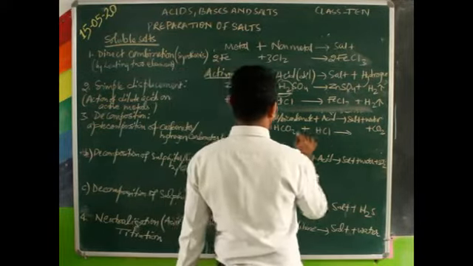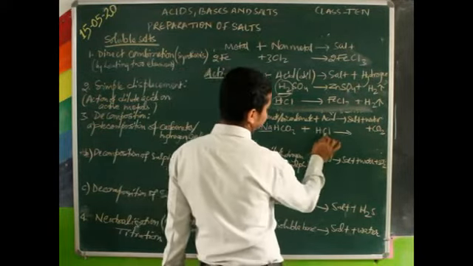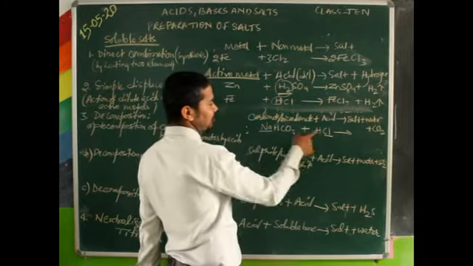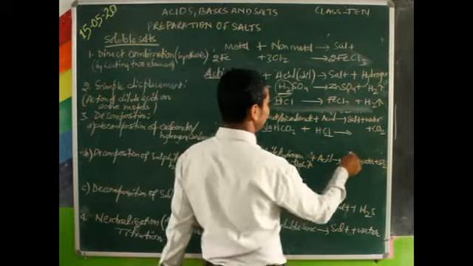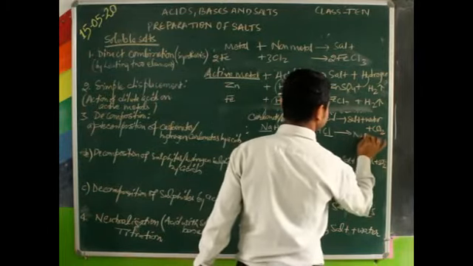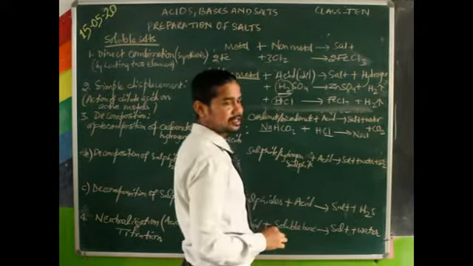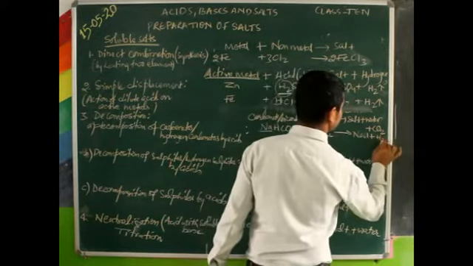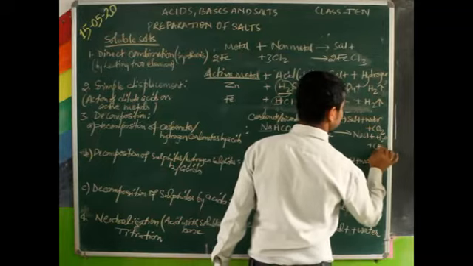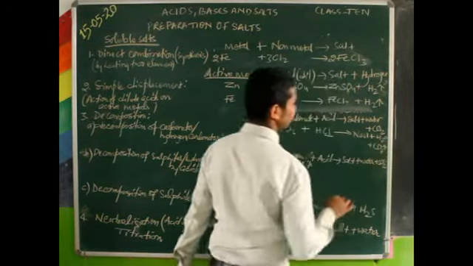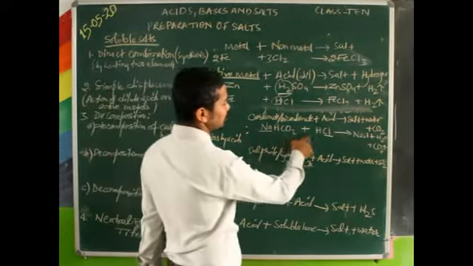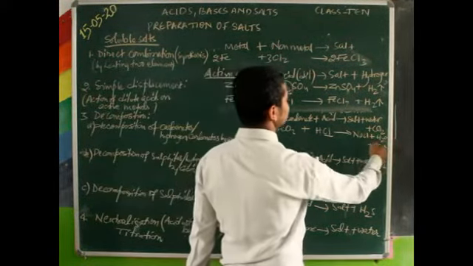Na will be displacing hydrogen, so I will get NaCl salt plus water plus carbon dioxide gas will be released. NaHCO3 plus HCl gives NaCl plus water plus carbon dioxide.